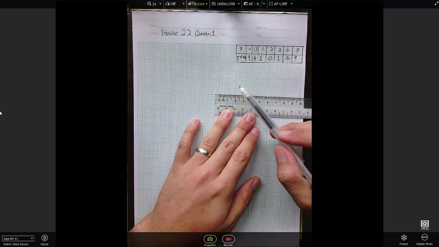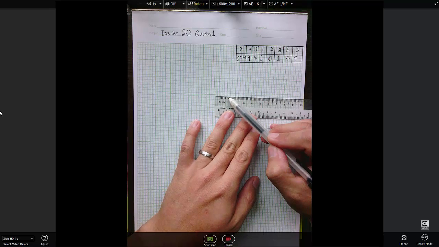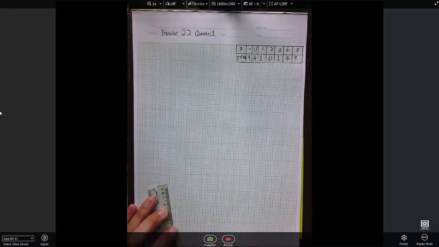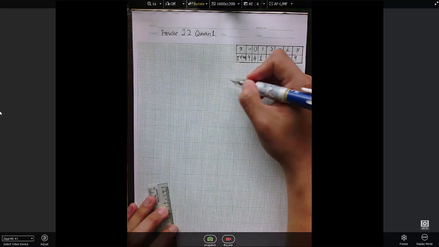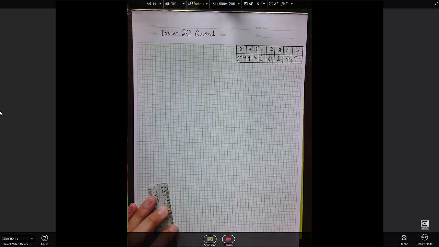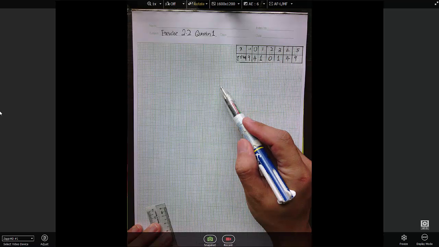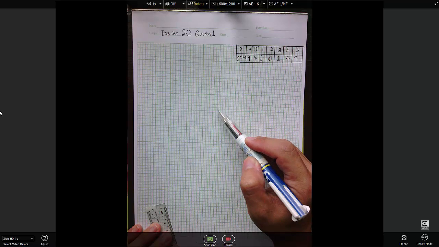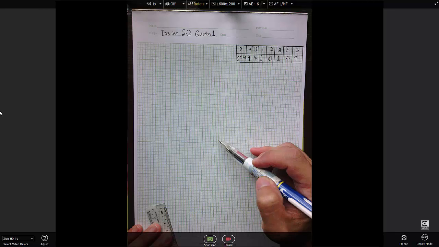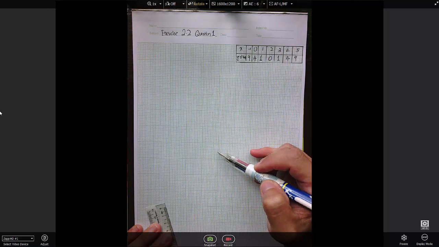So half of the big square will be 1 cm. So you can tell yourself that this row will be 9. You see I just sketched a 9 there. 9, 8, 7, 6, 5, 4, 3, 2, 1, 0.